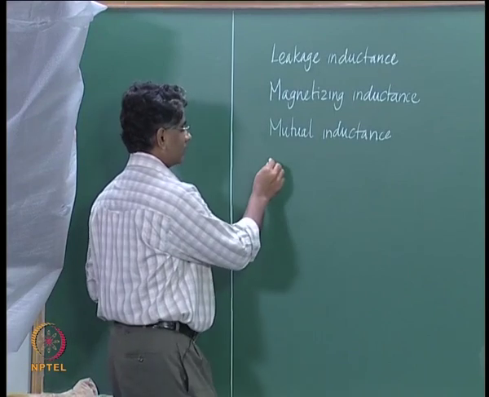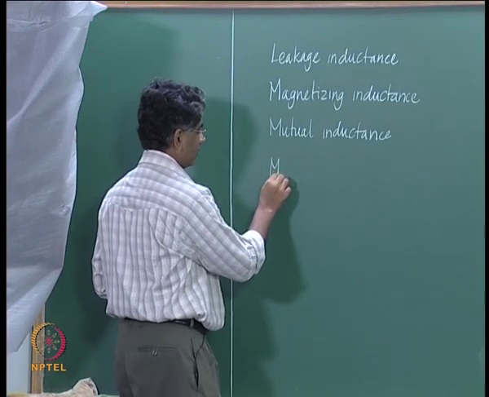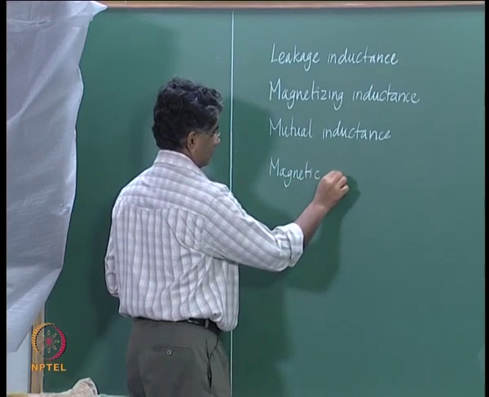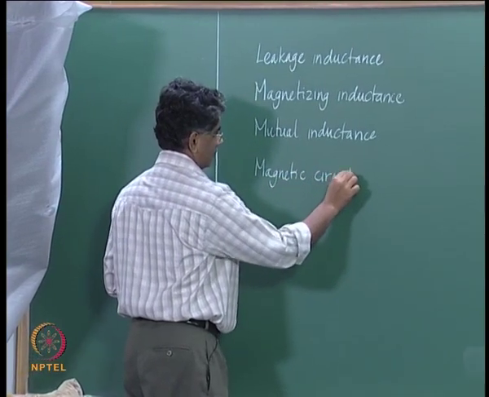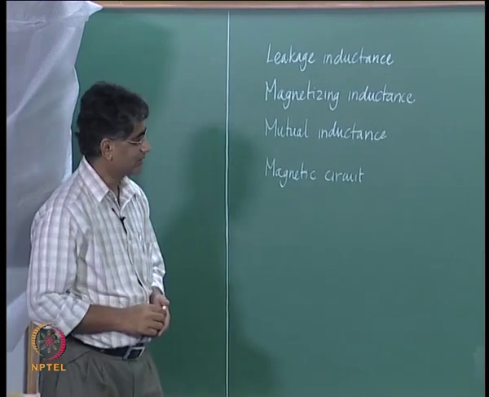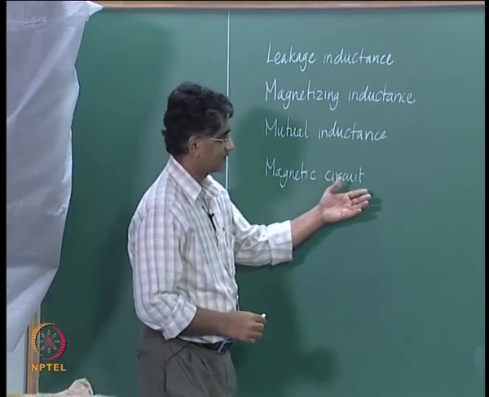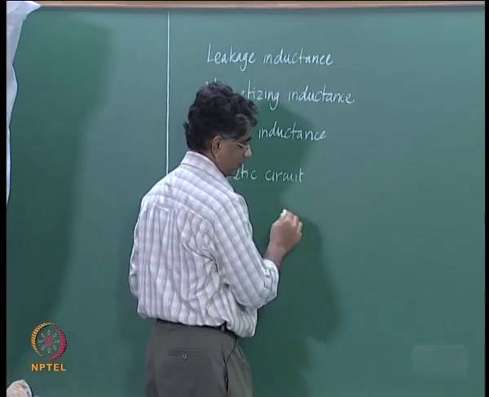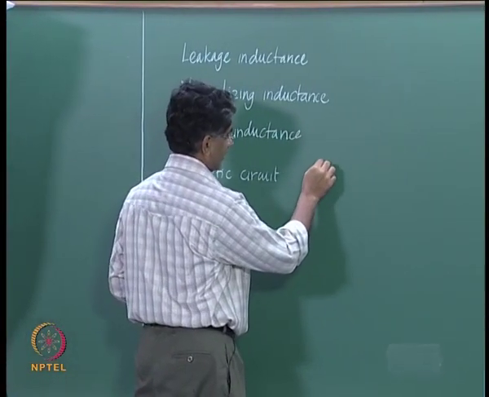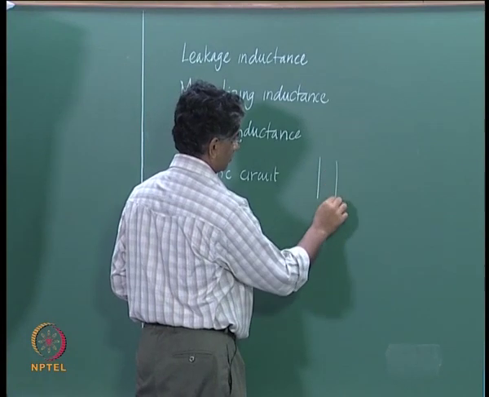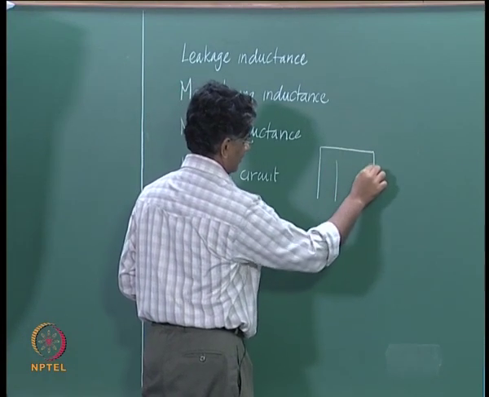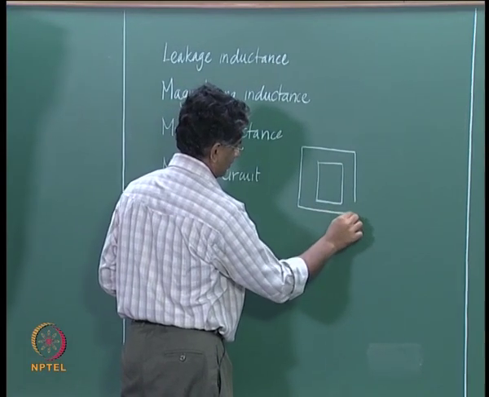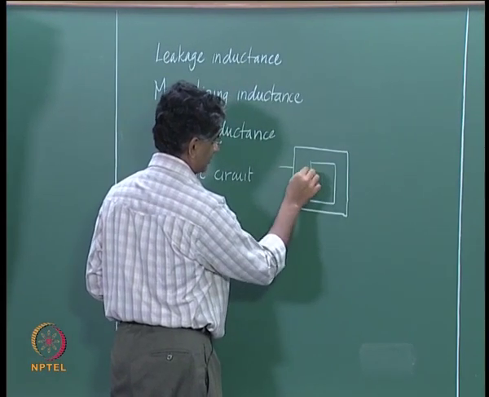And then we had also seen how the idea of the magnetic circuit is born. This arises because of your excitation and the flow of the magnetic flux. You have a core, let us say, and a source of excitation.